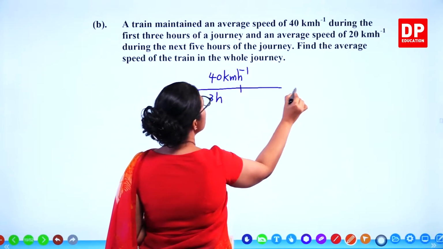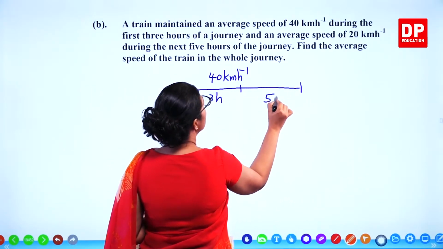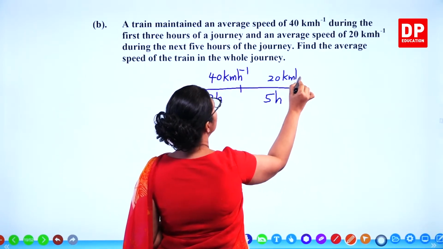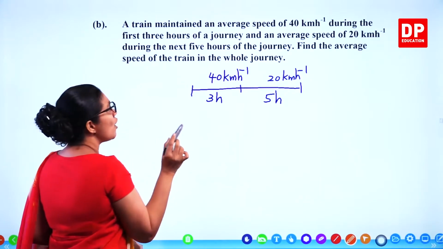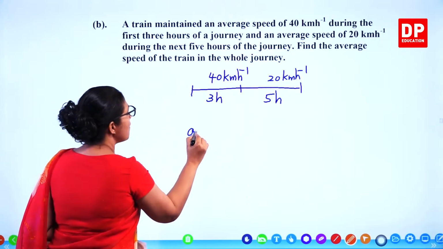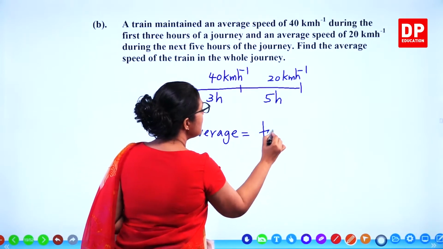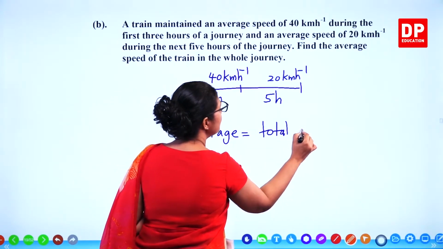Then for next 5 hours, that's 20 kilometers per hour. So how do you find out the average speed? Average speed is equal to total distance over total time.